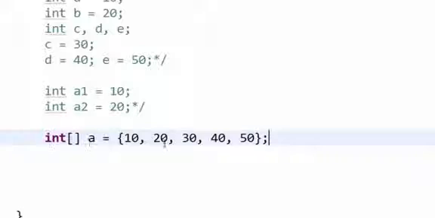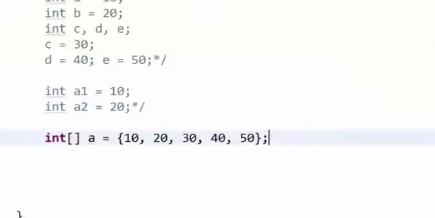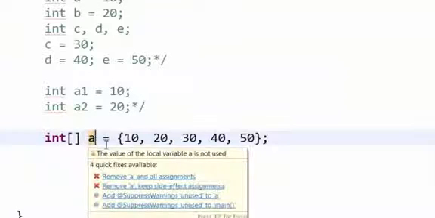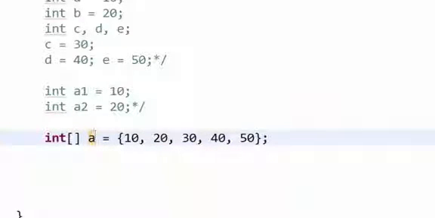Once you declare something like this, what happens is internally Java will create boxes like this. Since we named the array a, it will label the boxes like this. So here you can see that we create an a array and it has 5 numbers.